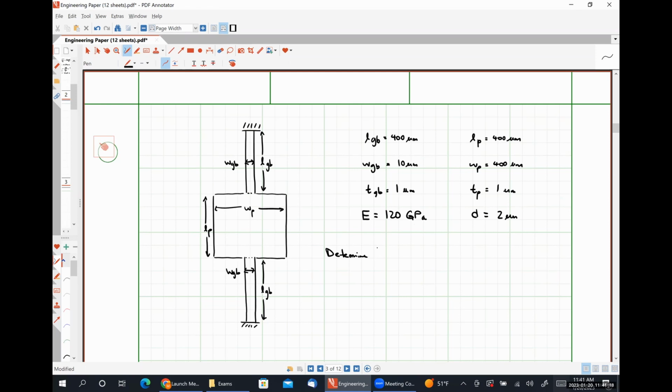We want to determine the vertical displacement of the top plate for bias voltages of 0.4 volts and 0.2 volts. All right.